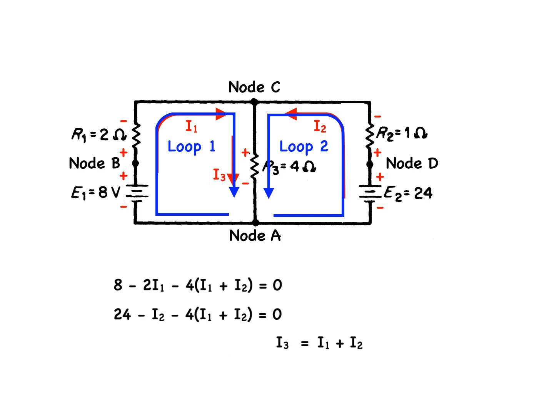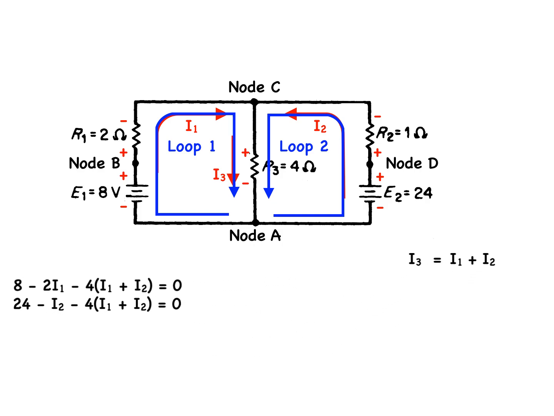First, let me move these equations around to give me some more room for further calculations. Our first step will be to remove the brackets in the equations, which will give us 8 minus 2I1 minus 4I1 minus 4I2 all equal to 0.